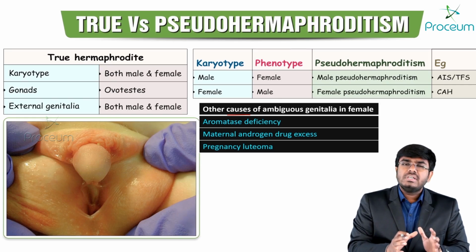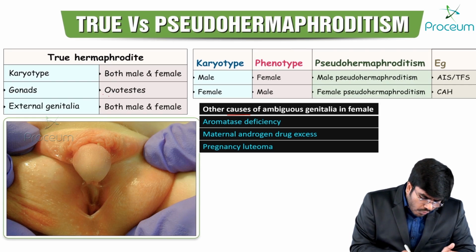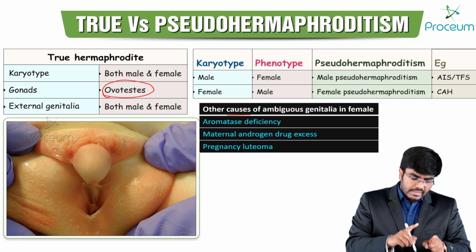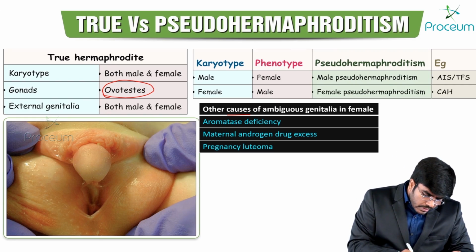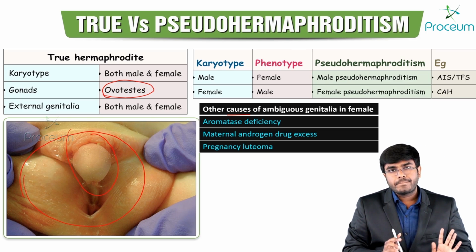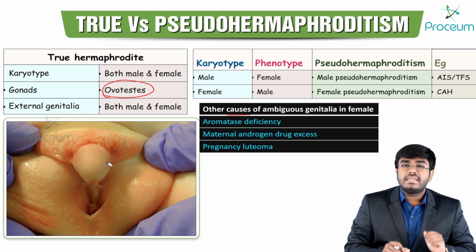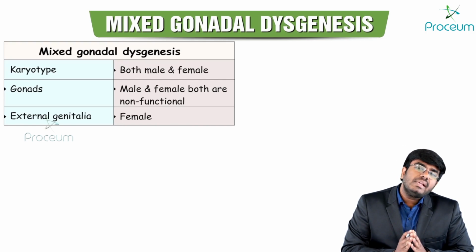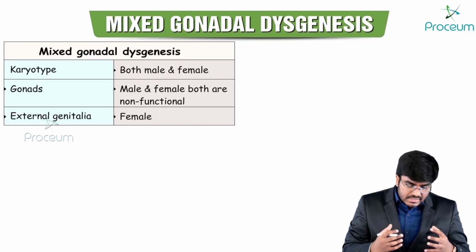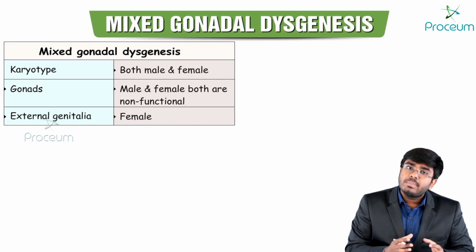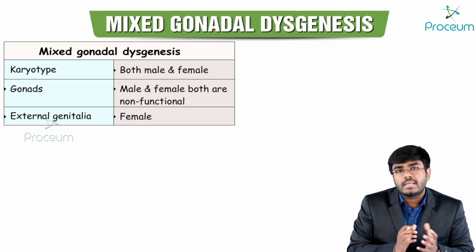See, if both the ovotestis are functional, then the person is going to have both male and female looking genitalia. Now the condition is mixed gonadal dysgenesis. In mixed gonadal dysgenesis, the person has both male and female gonads, but both of them are non-functional.